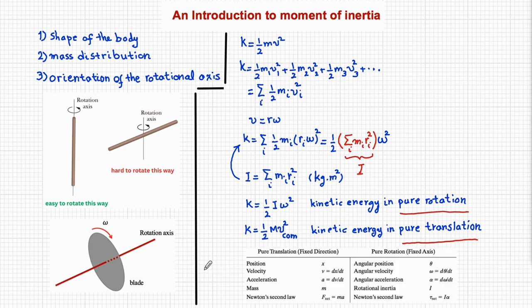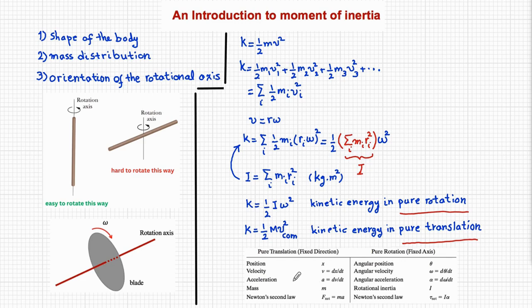Now it will be instructive to compare pure translational motion in a fixed direction with pure rotation about a fixed axis. So the equivalent of position will be angular position. The equivalent of velocity will be angular velocity.